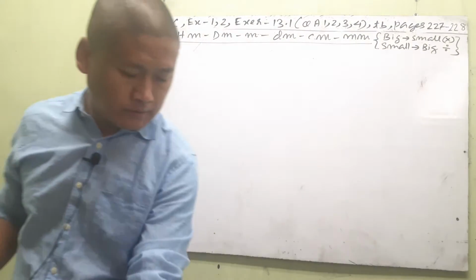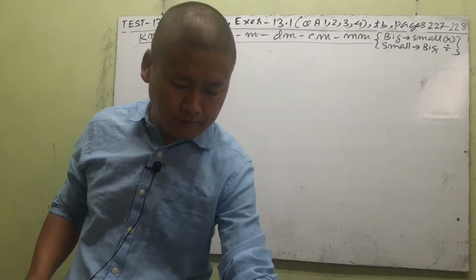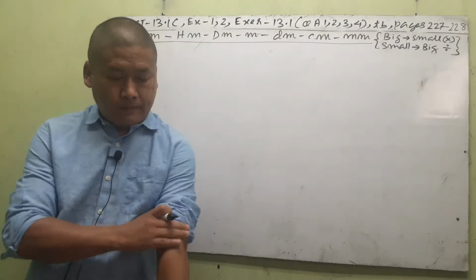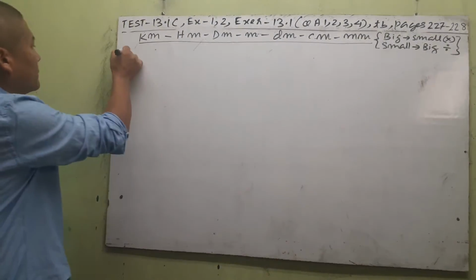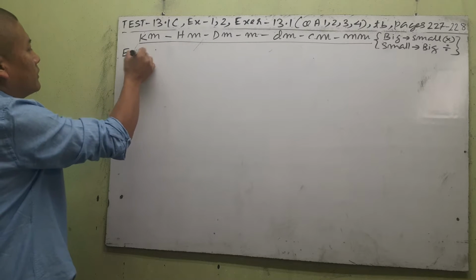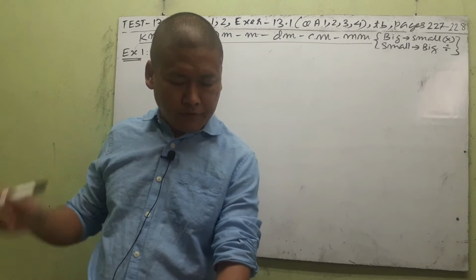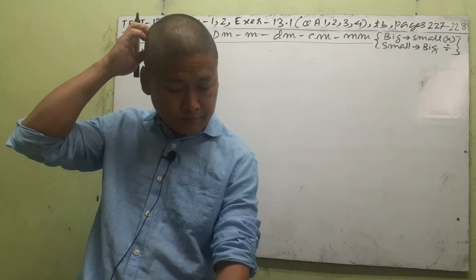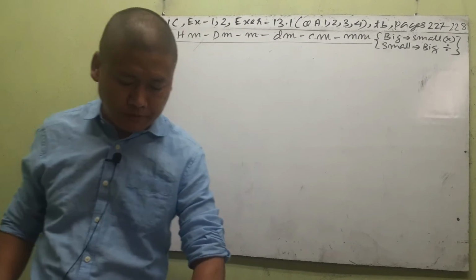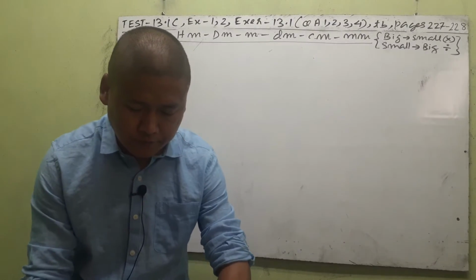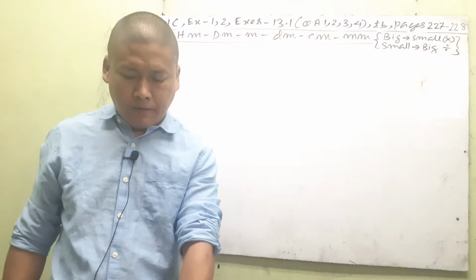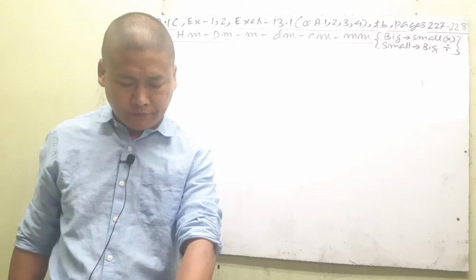Okay, so let's start with example 1 on page 227. Mary wants to decorate her Christmas tree. She wants to place the tree on a wooden box covered with colored paper with a picture of Santa Claus on it.